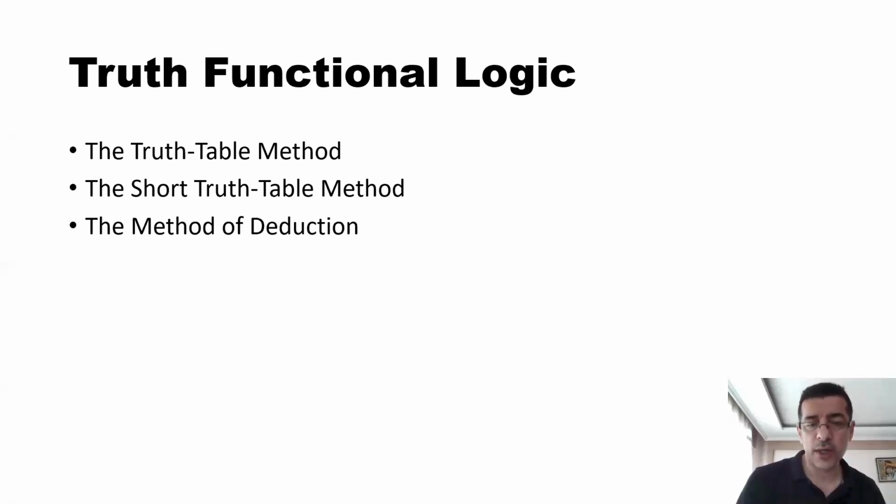We are not going to work on the method of deduction, simply because we can check the validity, or better said invalidity, of an argument through the truth table method and short truth table method. So it might not be really necessary to learn the method of deduction. There are a lot of rules that we'll have to memorize. So I think for us, the truth table method as well as the short truth table method will suffice, okay?